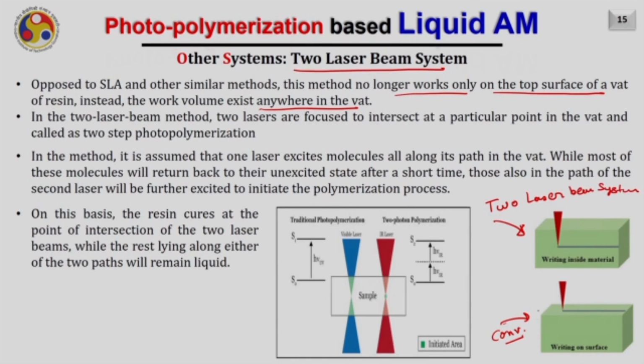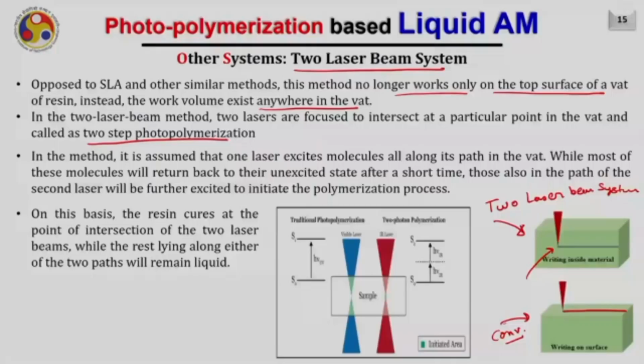So what happens in the conventional system, you are able to only write on the top surface of the liquid bed, while in this system you can write anywhere inside the liquid bed. How does it happen? In this case, two laser beams are used.